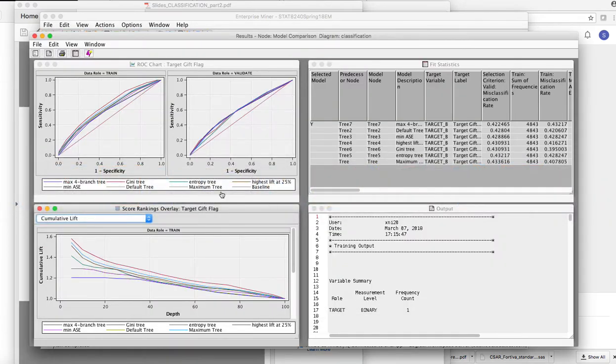So the x-axis in my ROC curve is a type of mistake rate.